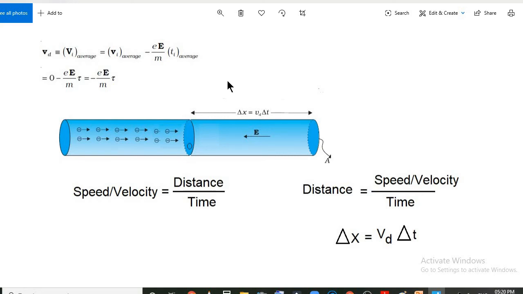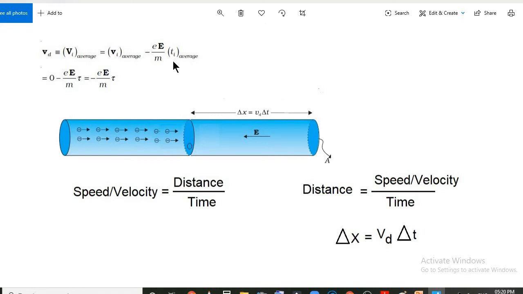I think you understand. Drift velocity means the average velocity of the electrons after the electric field is applied. You must understand more about this term tau. Tau is the average time interval.